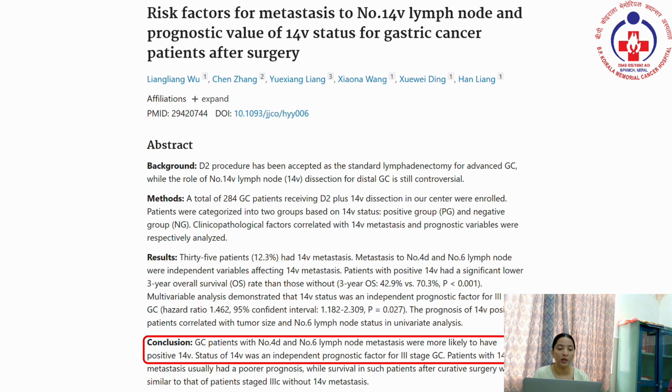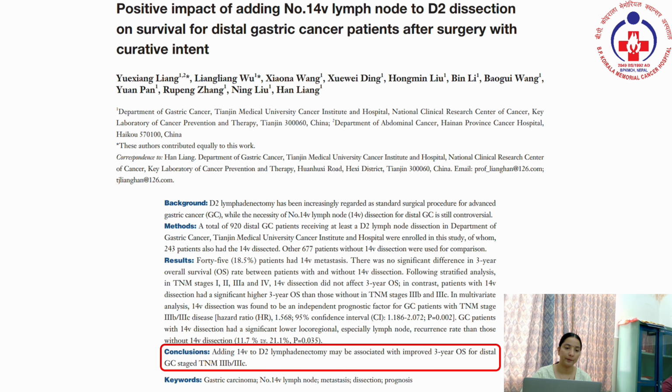With the removal of the 14V lymph node, especially after metastasis to the 4D and 6 lymph nodes, it gives a better result in the overall 3-year survival.